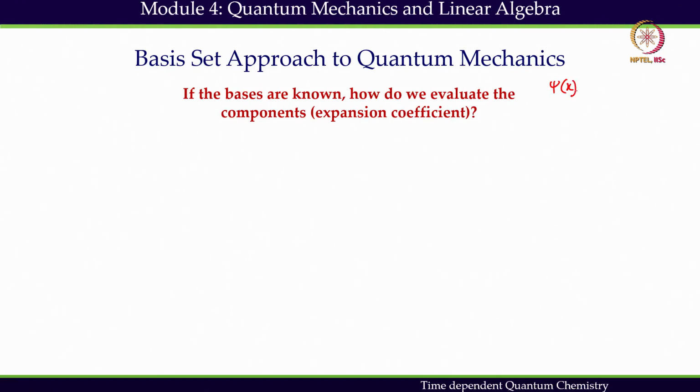In the basis set approach to quantum chemistry we have presented that psi(x) can be expanded in the basis of phi_i. The reason we can write this down is that if phi_i live in the Hilbert space, psi will also live in the same Hilbert space, because a linear combination of the wave functions living in the Hilbert space will also live in the same Hilbert space.